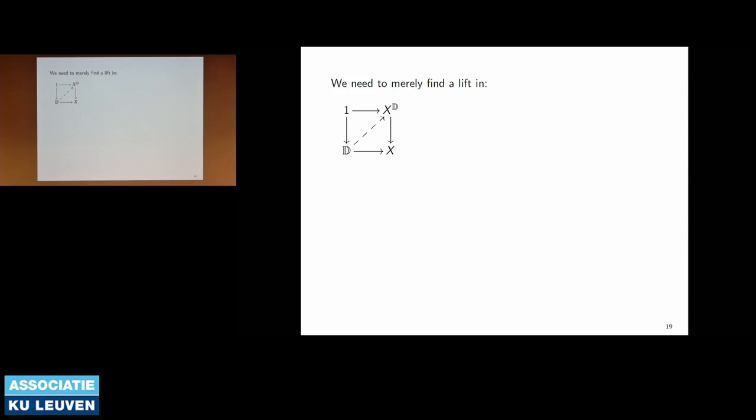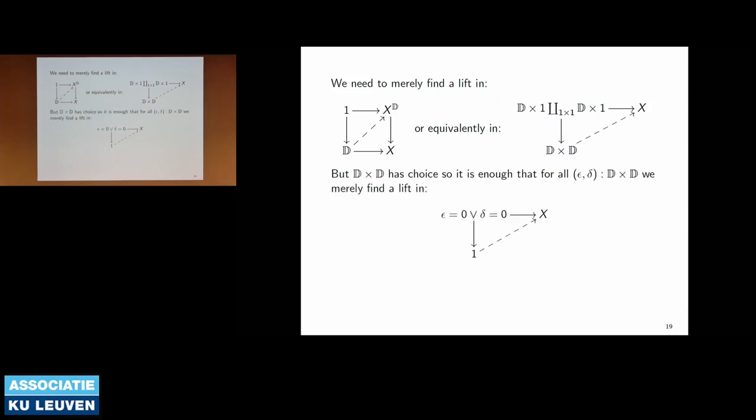Okay. So now you can use the pullback exponential and push-out product adjunction to know that you just need to merely find a lift in this diagram here, where you have two copies of D that you include in T times D as the two axes. And so how to find such a lift?